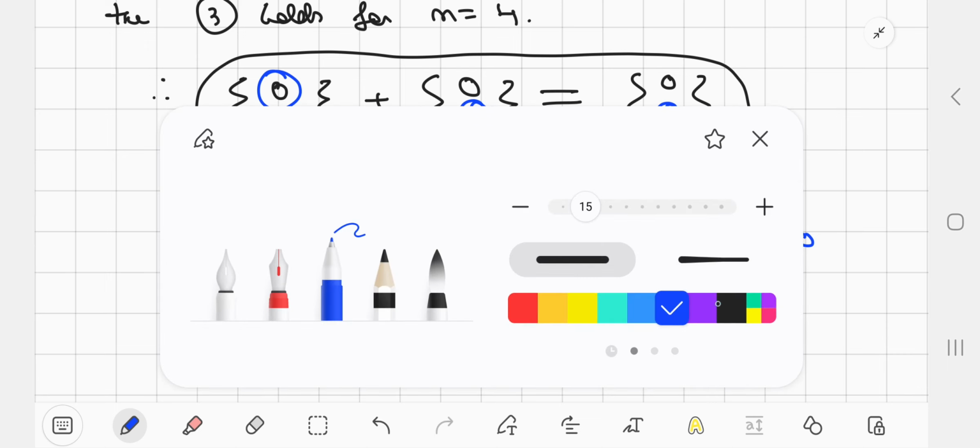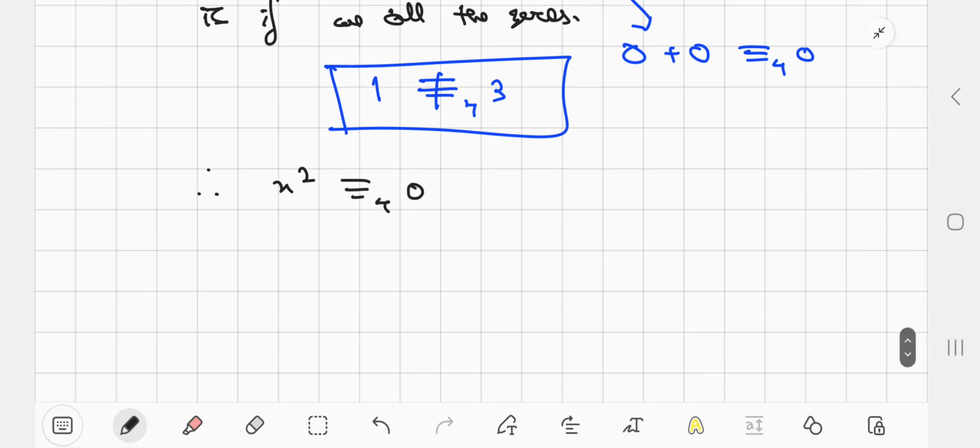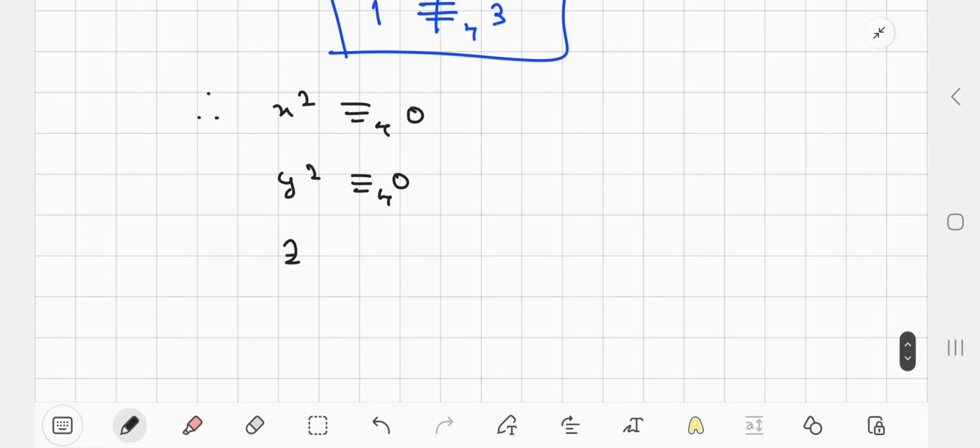But if that happens, that means that x square is congruent to 0 modulo 4, y square is also congruent to 0 modulo 4, and z square is also congruent to 0 modulo 4, which means x, y, z are all even.